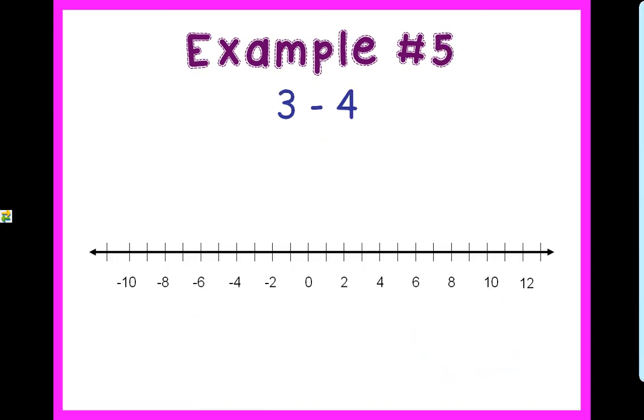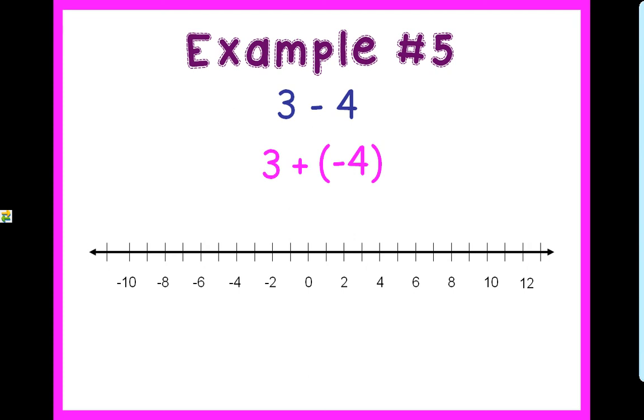Okay, example number 5. Just like we were able to add on a number line, we can do our subtraction too by using our rule, keep, change, change. So we're going to keep our 3, change the minus to a plus, and then that 4 becomes a negative 4. Just like addition, we've now changed it to an addition problem.